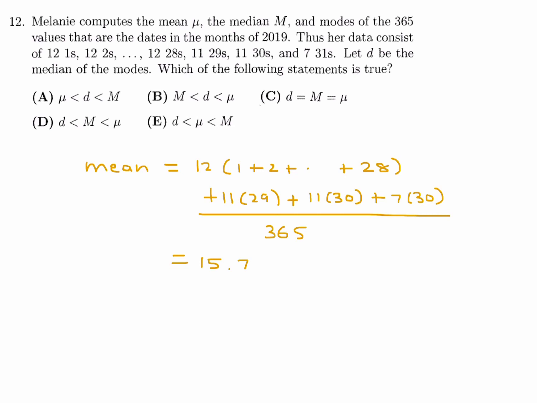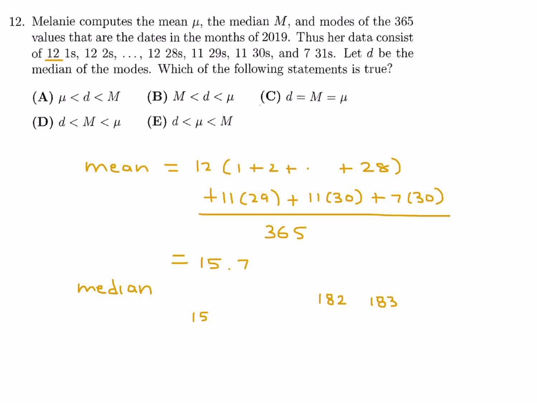And then the median is what we need to look at next. The median, of course, is the middle value. So there's 365 values. So the median of that would be halfway of 365, which is between the 182nd and the 183rd. Well, if you look at this carefully, there's 12 ones, there's 12 twos, there's 12 threes, and so on, right?